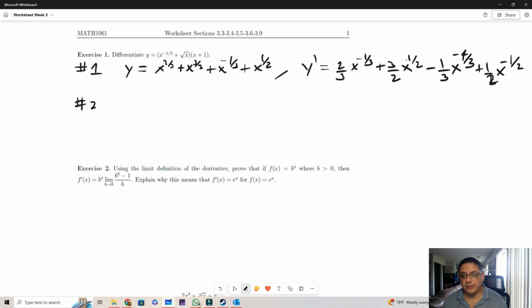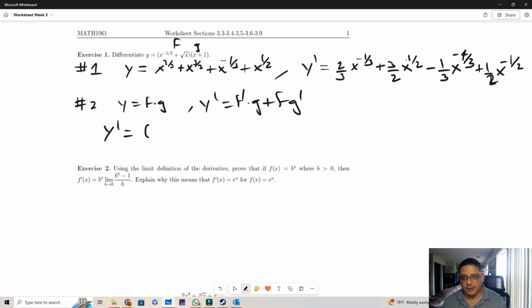Way number two is we're gonna use product rule. So for product rule, remember if we have y equals f times g, then y prime is going to be f prime times g plus f times g prime. So if this is f and this is g, then y prime is going to be what?